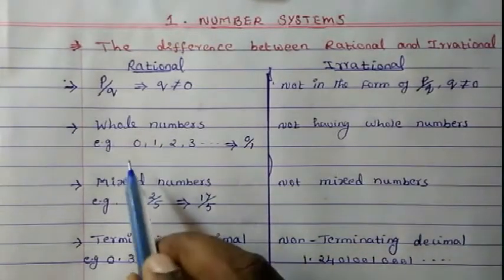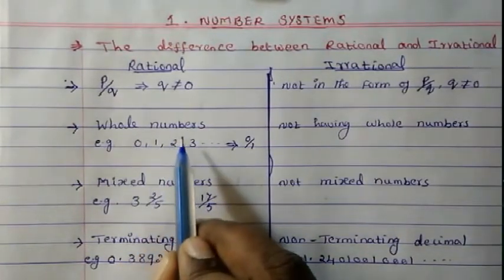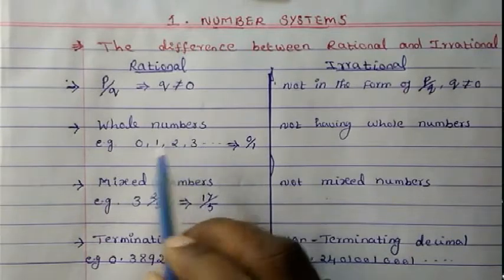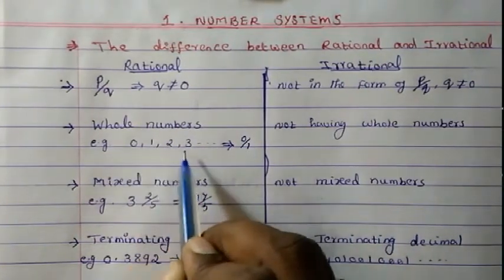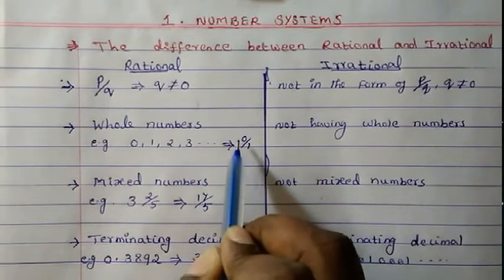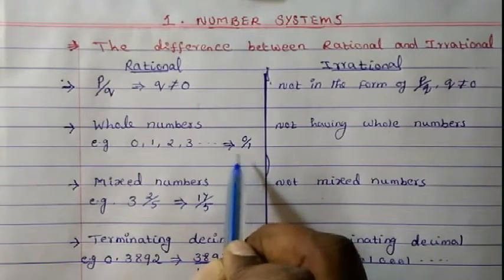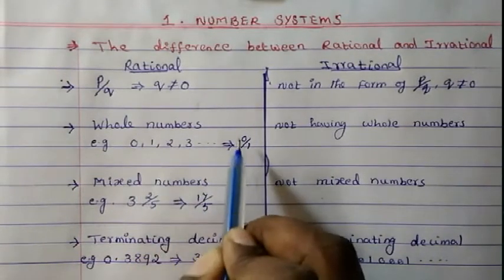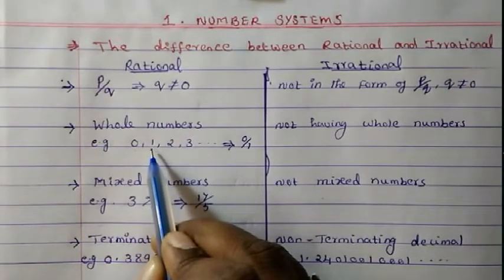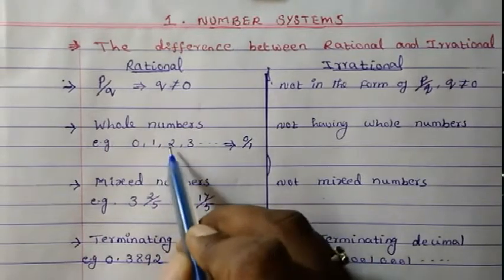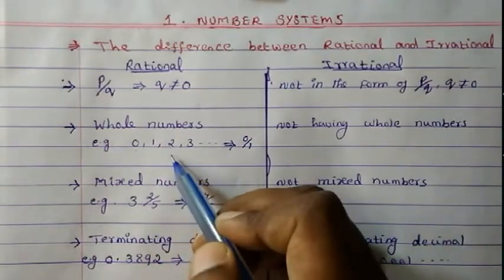The second point, rational numbers can be whole numbers. So all the whole numbers can be rational numbers because any whole number we can write in the form of p/q. If it's 0, 0 can be written as 0 upon 1. If it is 1, 1 can be written as 1 upon 1 or 1 upon 2. 2 also can be written as 2 upon 1.